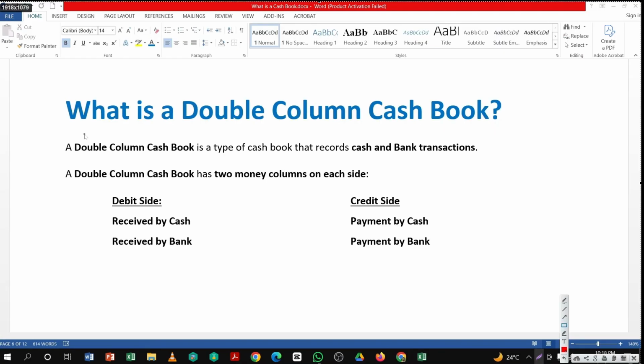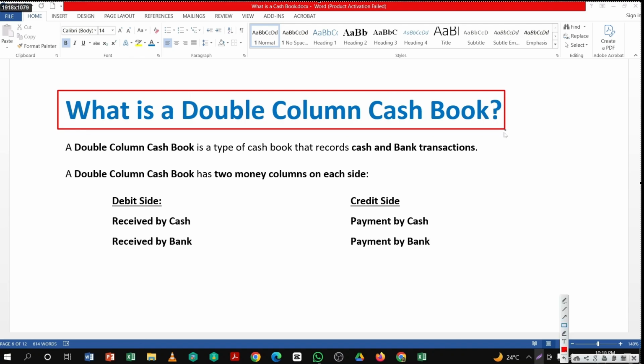Double column cash book. What is a double column cash book? A double column cash book is a type of cash book that records cash and bank transactions. A single column cash book records only cash transactions, but a double column cash book records both cash and bank.